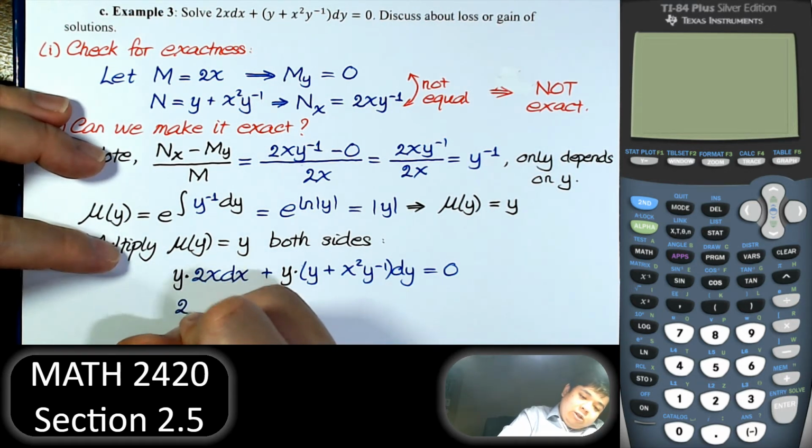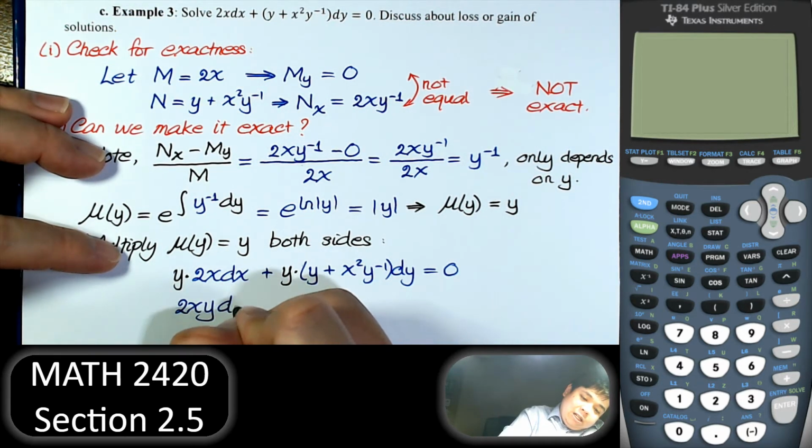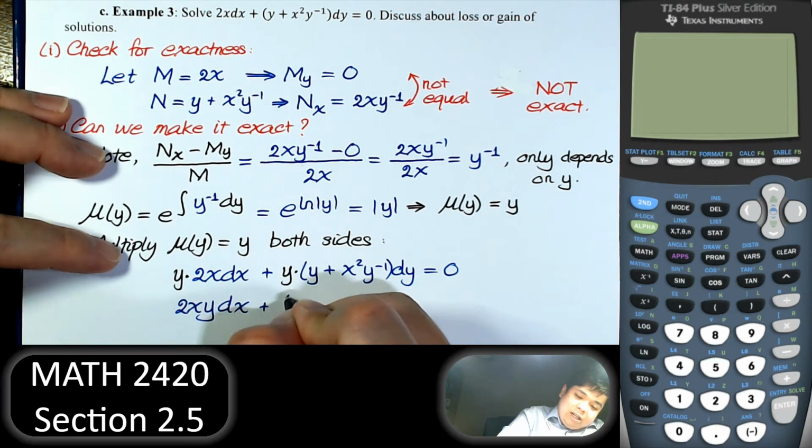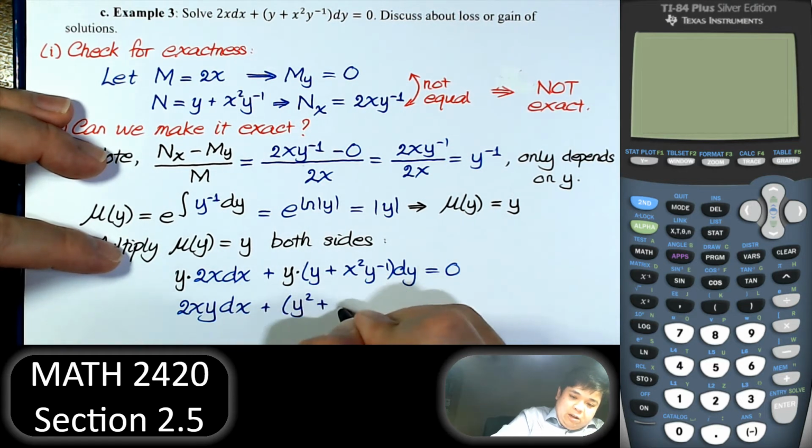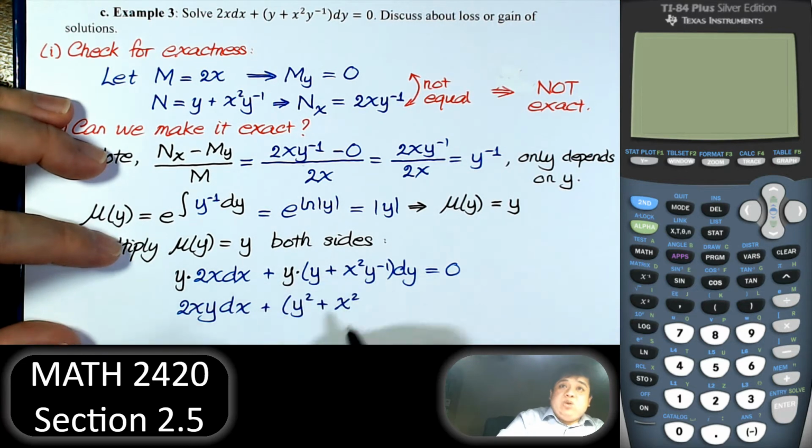That gives us 2xy dx, and inside we have y squared plus x squared, y and y to negative 1 cancel out.